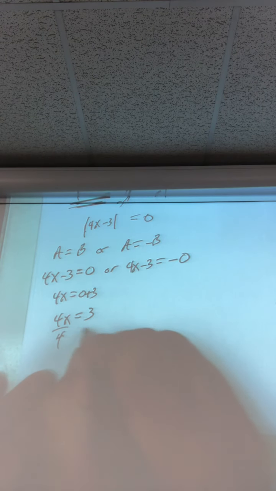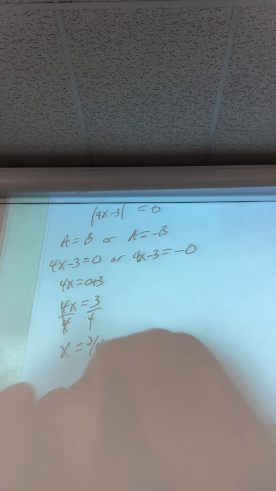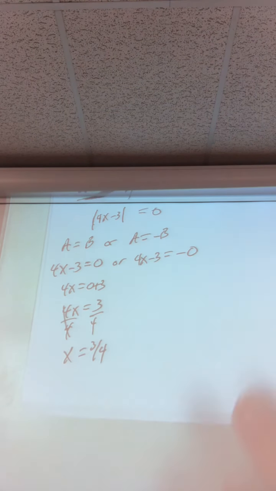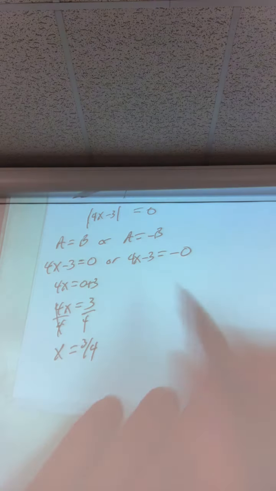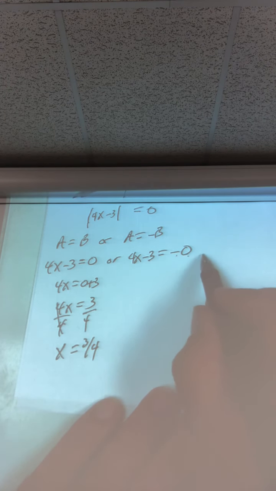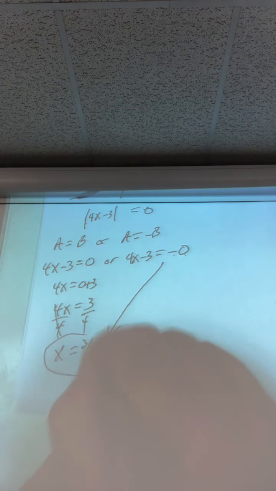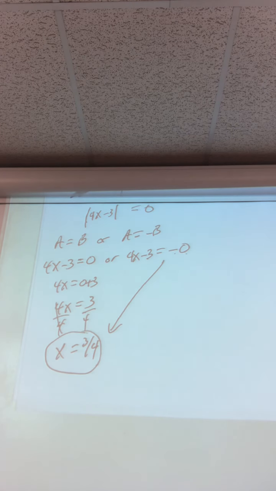Then divide by 4. x equals 3/4. Now, when I add 3 to both sides here, negative 0 plus 3 is going to give you 3 again. So basically you're just going to get the same answer twice.